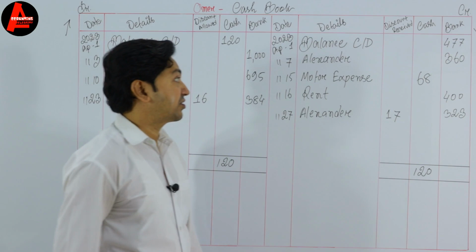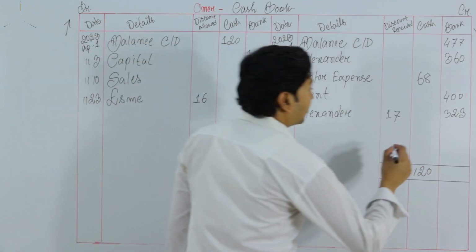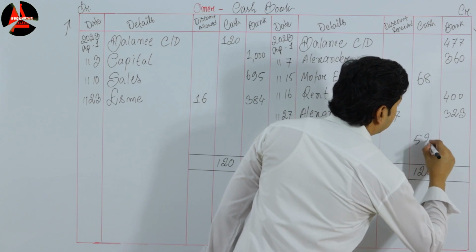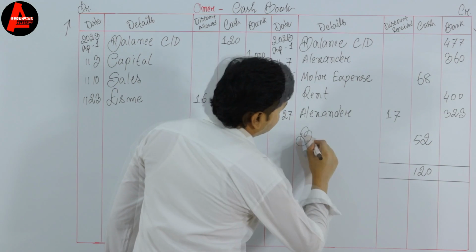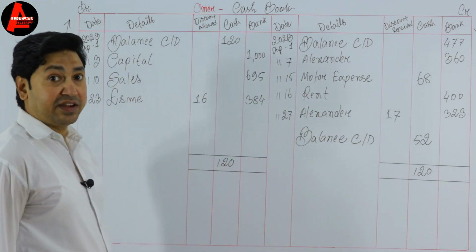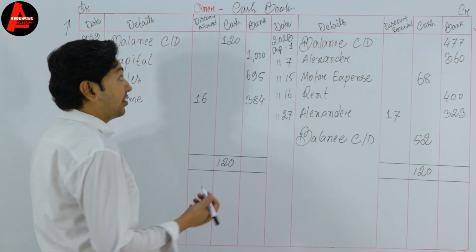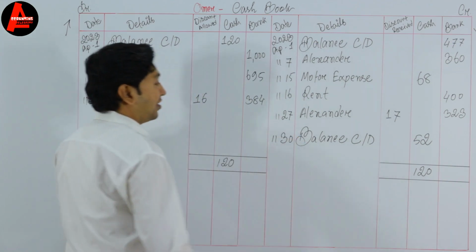Now we will subtract $68 from 120. We get here $52, okay? So this is what? This is balance carried down, okay? The date for balance carried down will be the last day of the month. So April has 30 days. We will write here 30, okay?